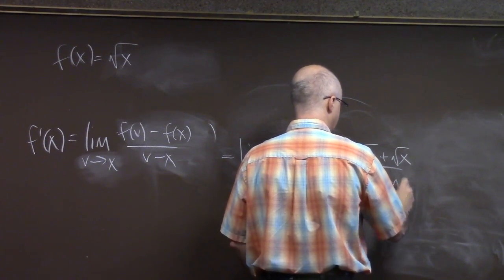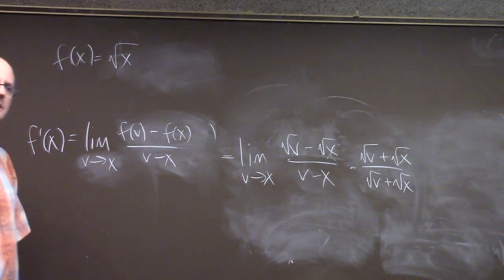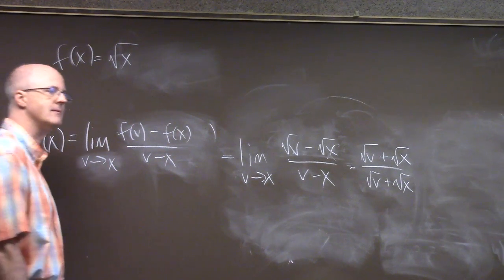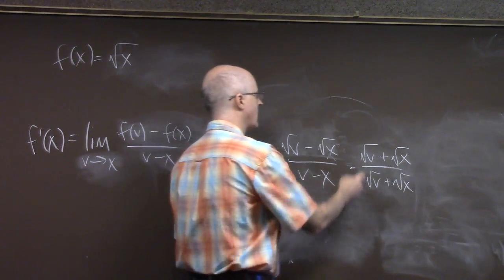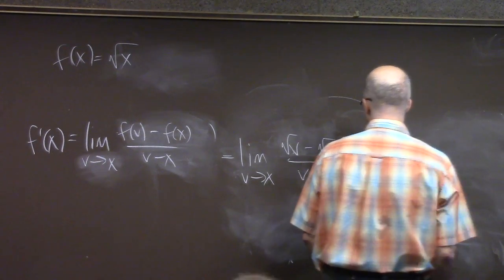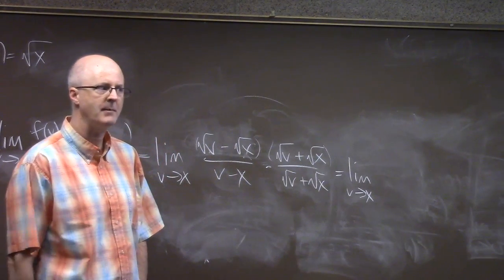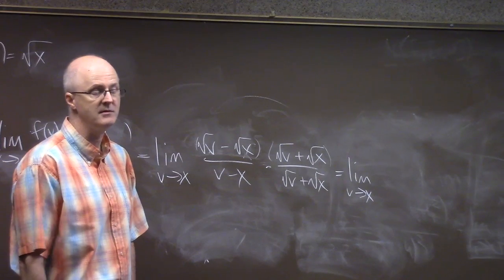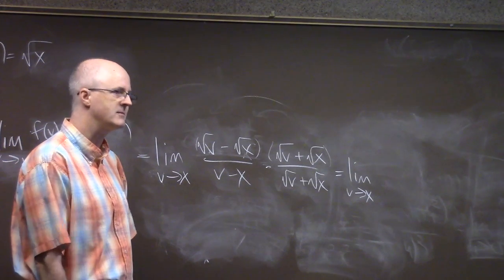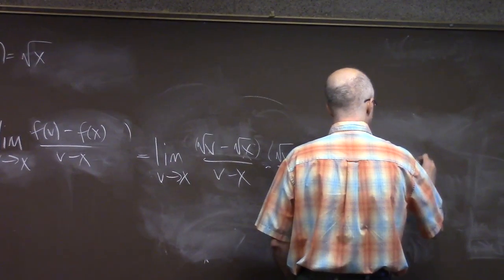So once again, a trick here. This is a common trick to use with square roots. Multiply by that because when you FOIL it out on the top, the square roots are going to go away on top. It's not a guarantee that it's going to be helpful, but with these kinds of problems, it turns out it is helpful. You just get v minus x up top.